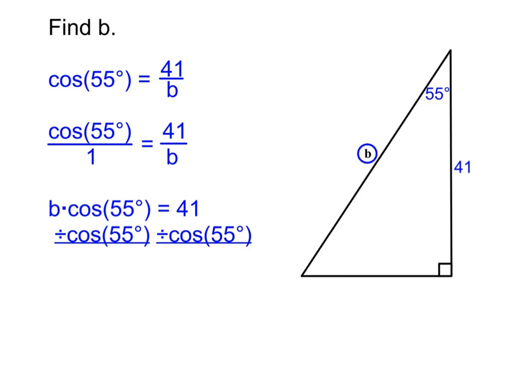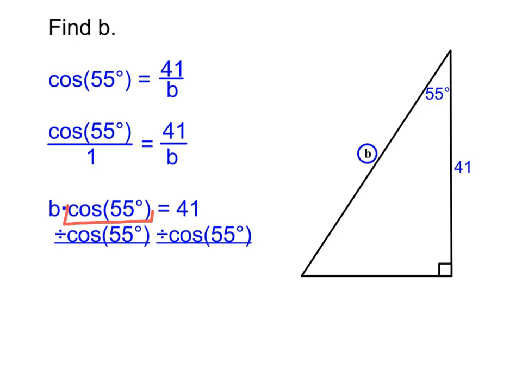And again, remember that cosine of 55 degrees is one chunk. That is actually a number that we just haven't calculated yet. So you do not pull apart the cosine and the 55 degrees. The only time we try to pull the cosine apart is when it's cosine of x, and we're trying to get to x, that creamy little center in the middle. In this case, I know what it is. It's 55, so I don't need to pull it apart.